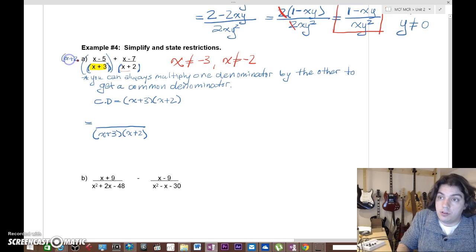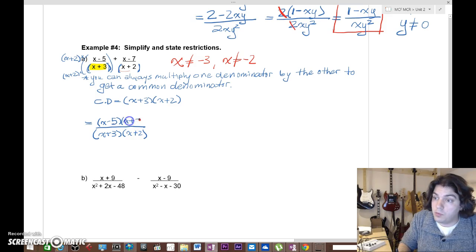So x plus 2 times the top, and x plus 2 times the bottom, just like that. When we do that, we end up with what we already had on the top, which is x minus 5, times x plus 2, times the number we multiplied in, right there. And there we go.